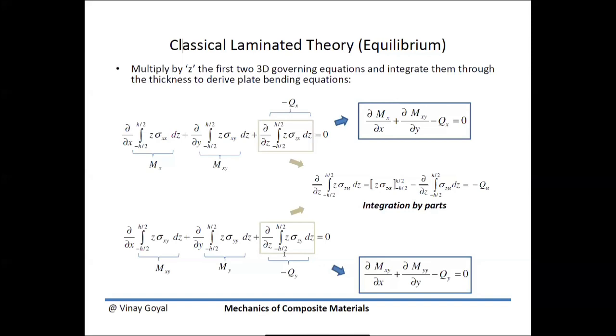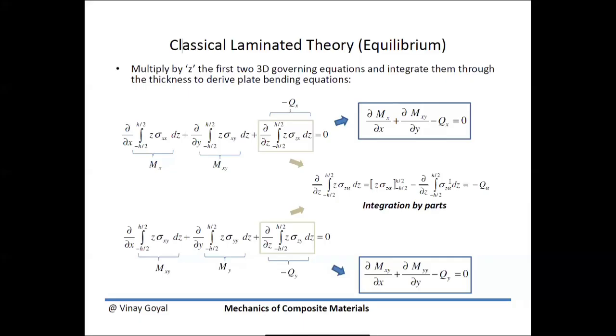I invite you to pause the video to replicate what I've done. Here, what we have is this derivative, the integral from minus h half to h half of z times sigma z alpha dz, where x has become alpha. If you look at this, we can integrate this by parts, and integration by parts will result in this minus that.